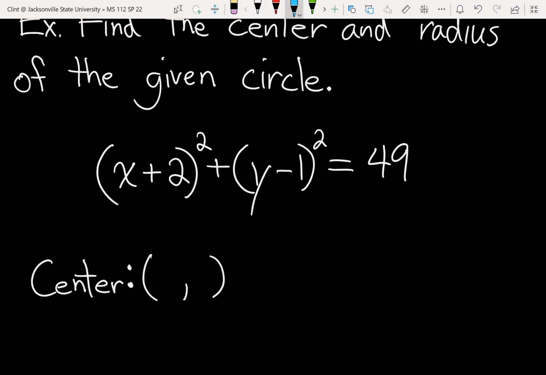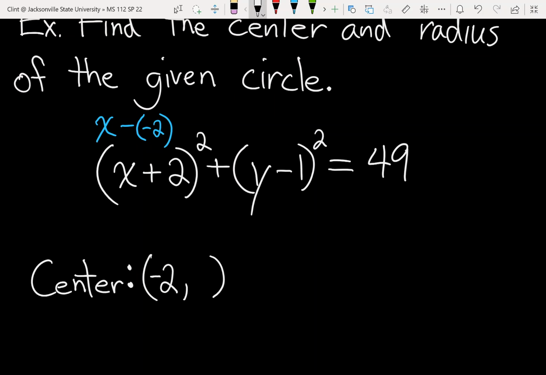So another way you could write this is x minus -2. So what's the x coordinate of our center going to be? -2. It's going to be -2, whatever we're subtracting.